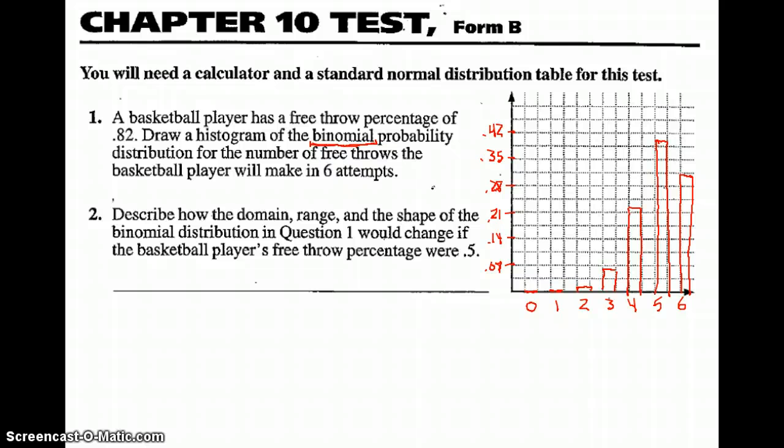So, how the domain, range, and shape of the binomial distribution question 1 will change as basketball. Okay, so I'll say wave, crest, moves left. You could say the graph is symmetrical. That's nice too. At a 50% pass-fail rate, you're going to get symmetry.